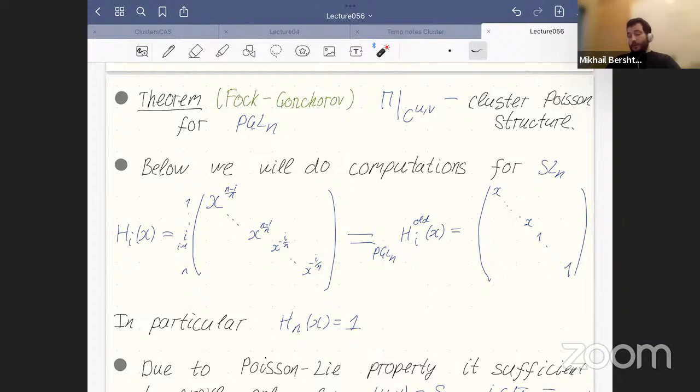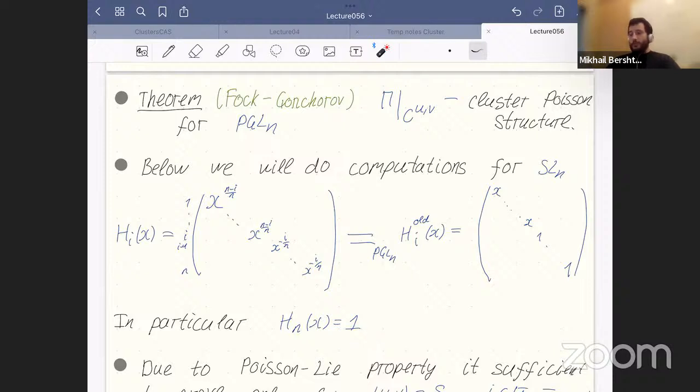I'm doing the computation for SLN, but the functions which I consider are not good in terms of coordinates because they involve some roots of x's. But if you consider functions which do not depend on the roots, then they apparently become functions on PGLN.